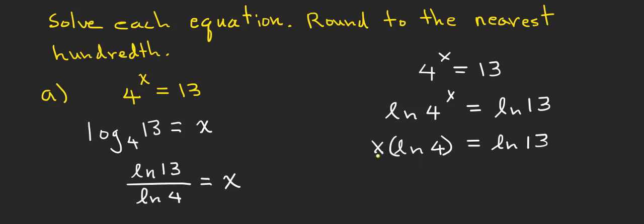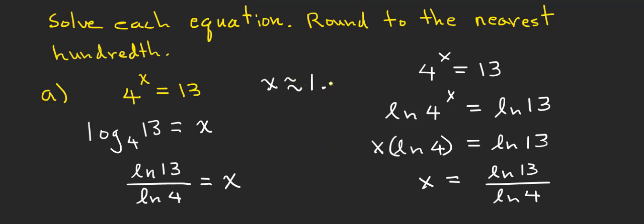Now, how do you get x by itself? You got to divide both sides by natural log of 4. Notice you get the same thing. So there are two ways, and I think the second method is easier for me. But you choose whichever method is more comfortable for you. Now, using your calculator, you know that x is approximately 1.85.